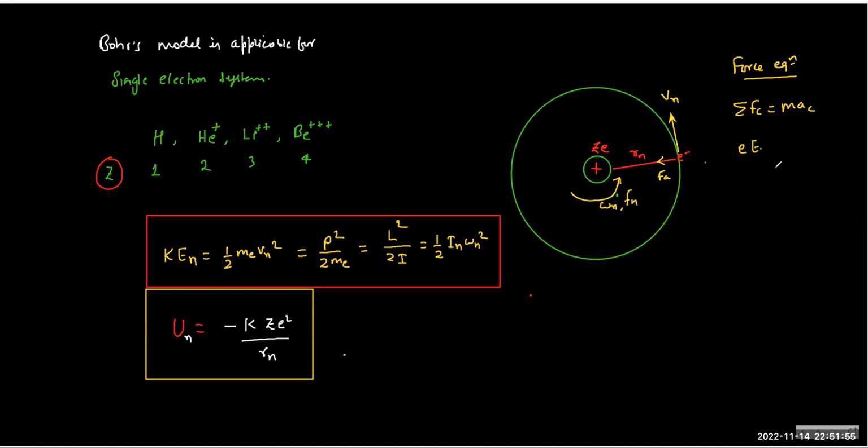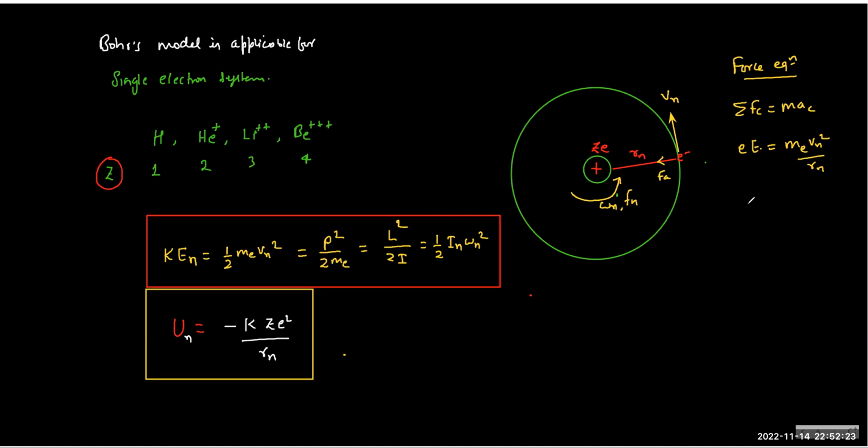Of course you can write it, because here E will have that formula also. But the way you should write is E times E, because in an examination they may give you that the nucleus is creating an electric field of this value. Instead of giving the charge of the nucleus, you have to start with this equation, E times E. So E times E equals m, and a_c you can write as Vn square by Rn.